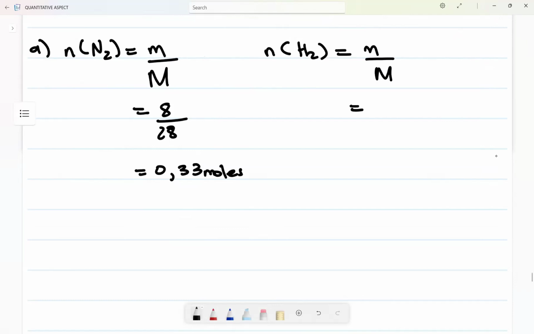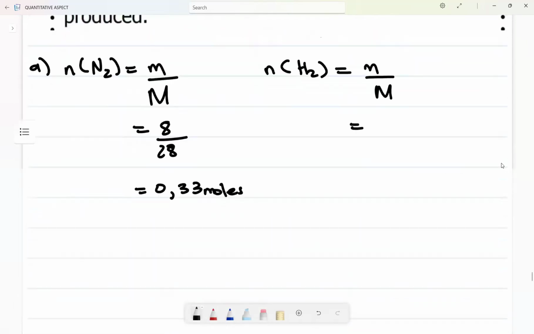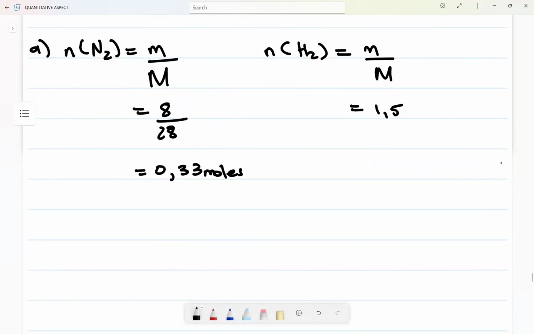What is the mass of hydrogen? 1.5, divided by the molar mass of H2, which is 2 multiplied by 1. Then I get something like 0.75 moles. And then I'm complete with step 1.